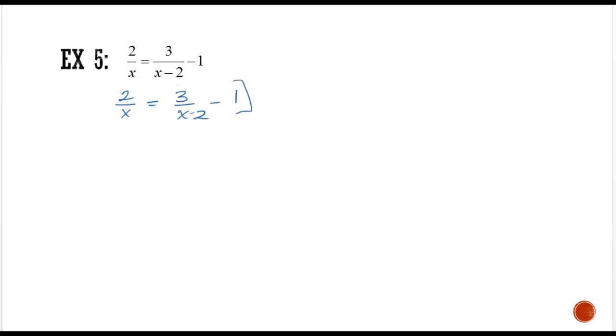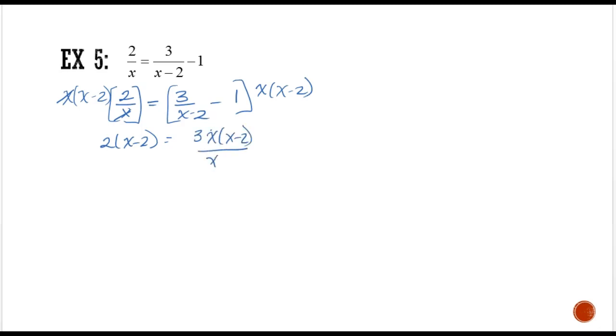I think if we multiply through by x times x minus 2, we're going to be in some good shape. So if I do that, these x's cancel, and I have 2 times x minus 2. Here I'm going to have 3x times x minus 2 over x minus 2 minus x times x minus 2.